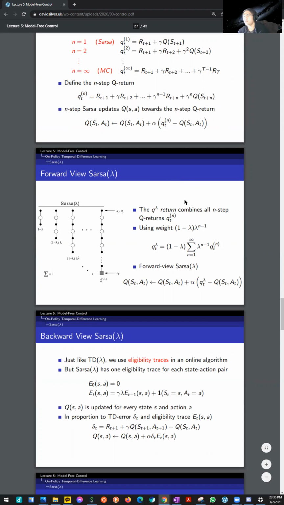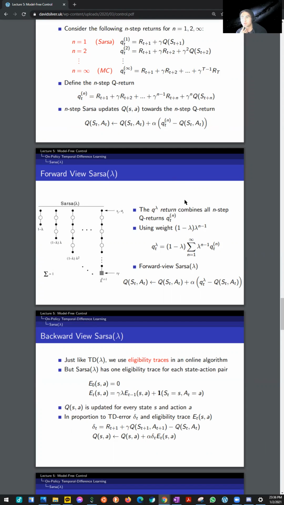They're basically doing the exact same thing, but with some differences. First, the forward view SARSA is trying to get the geometric average of the returns across different n steps.